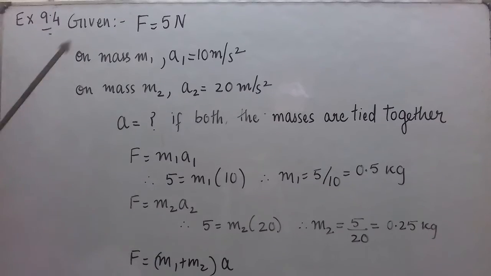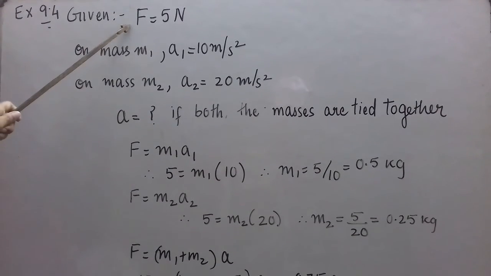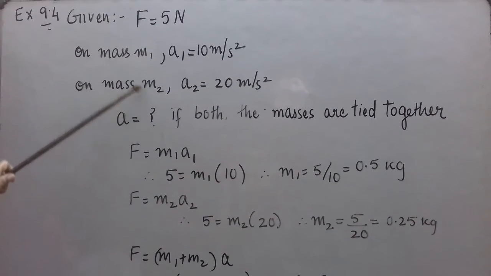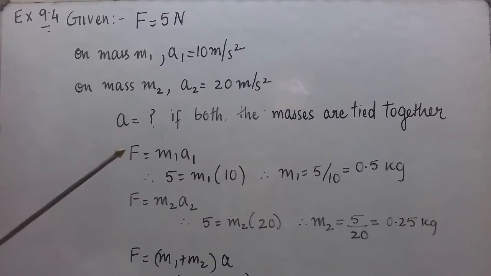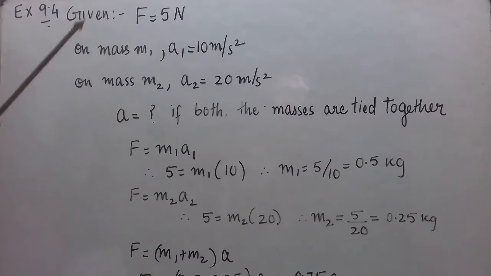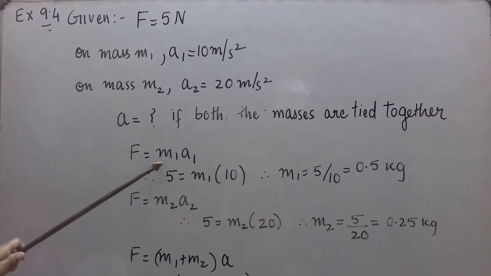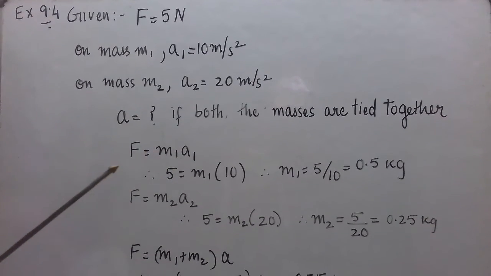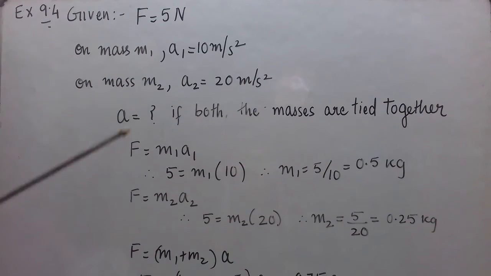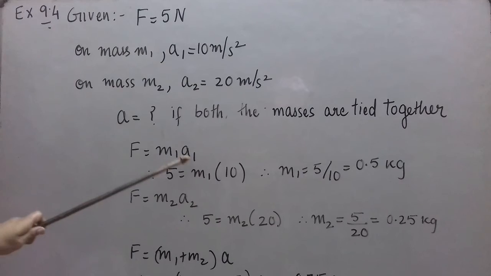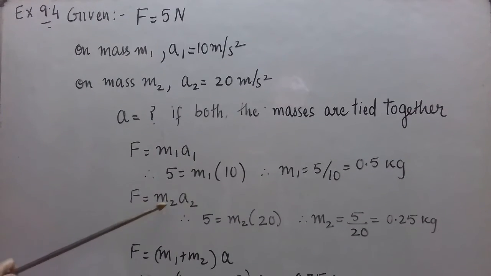Now in the first case, the same force is applied on two bodies having different masses, and so different accelerations are produced. So let us use Newton's second law of motion and write F is m1a1. I have not taken F1 because the force is the same in both cases. So we can write F is m1a1 and also F is m2a2.